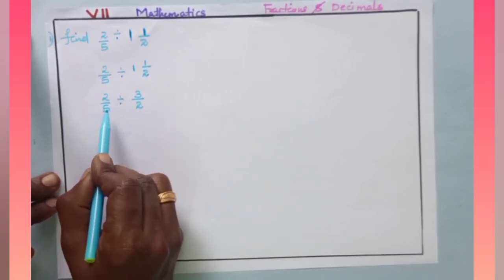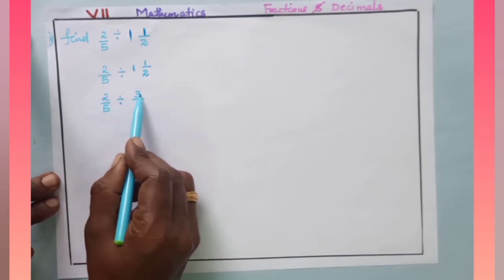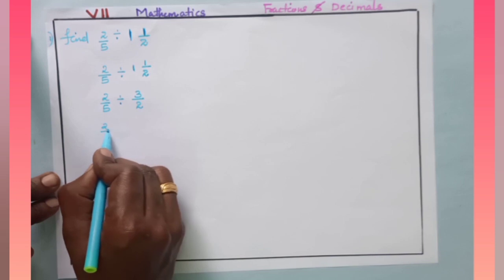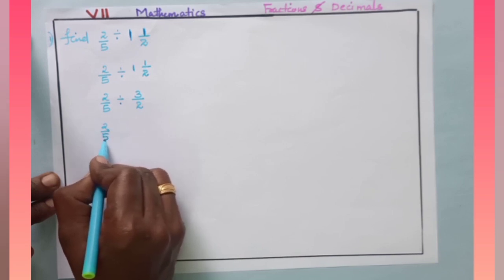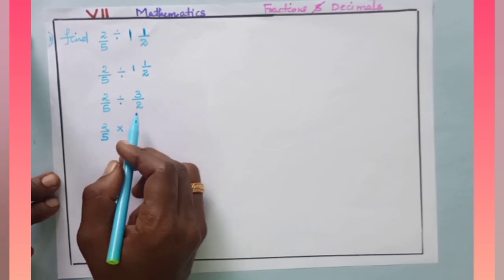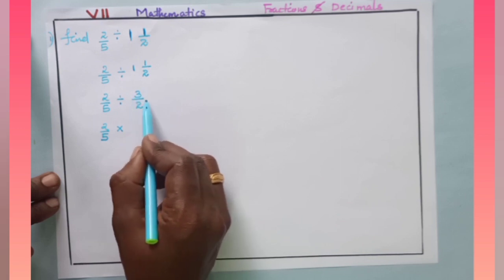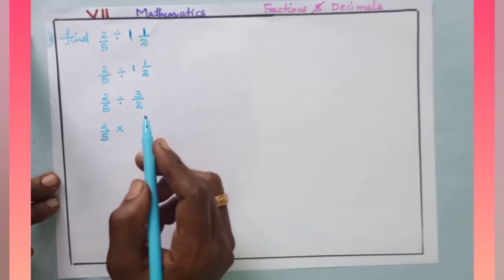Here is our last case, the third case, a fraction divided by another fraction. So multiply the first fraction and multiply by the reciprocal of the divisor, the second fraction.